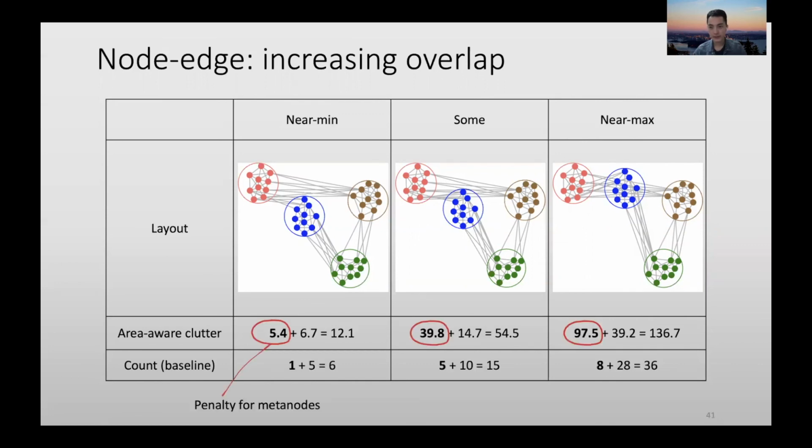But when we break down the total metric by penalty for metanodes and penalty for leaf nodes, we can also see this trend, which I mentioned before, that the penalty for meta nodes is contributing more and more in this metric, which is more aligned with the layout pictures.